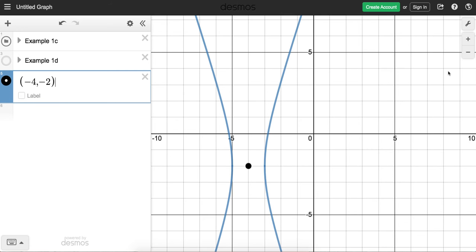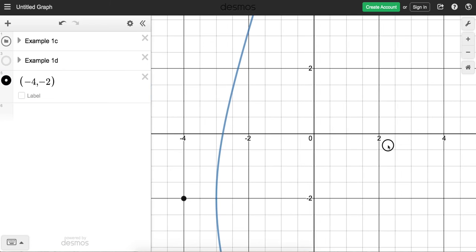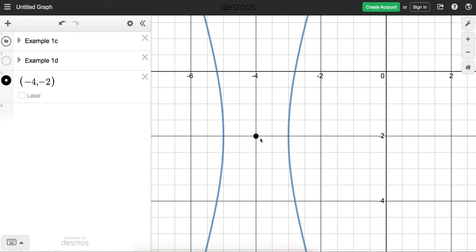This time, to get from the center to either one of these vertices, we have to go left and right, which means we're going to be adding and subtracting the value of a from the x-coordinate of our center. So here we have a vertex at (-5, -2), and here we have a vertex at (-3, -2). We had to go 1 unit to the right and 1 unit to the left.